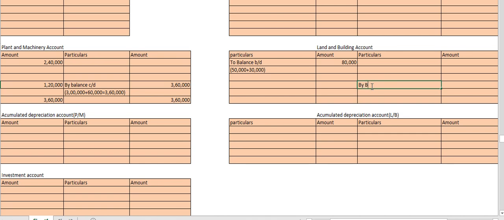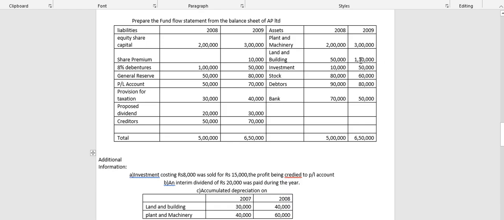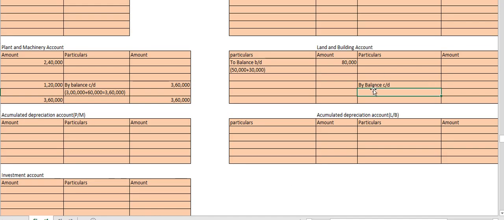By balance carried down, your closing balance 1,10,000 plus your accumulated depreciation of 40,000, which is equal to 1,50,000.